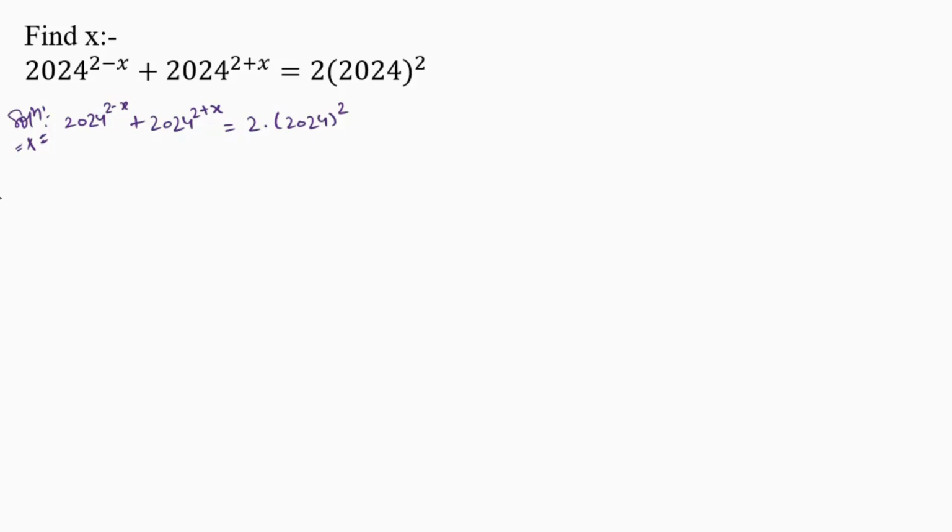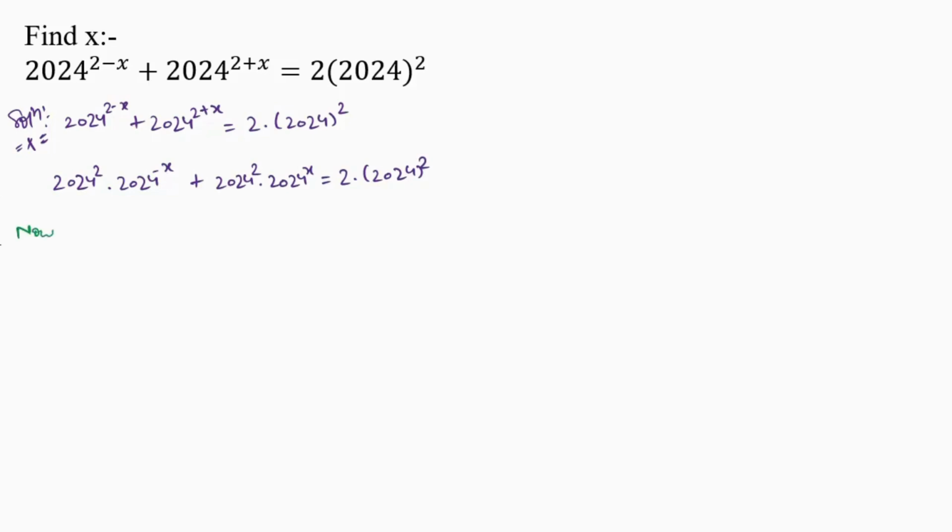We can write this expression as 2024 raised to power 2 times 2024 raised to power minus x plus 2024 raised to power 2 times 2024 raised to power x equals to 2 times 2024 raised to power 2.